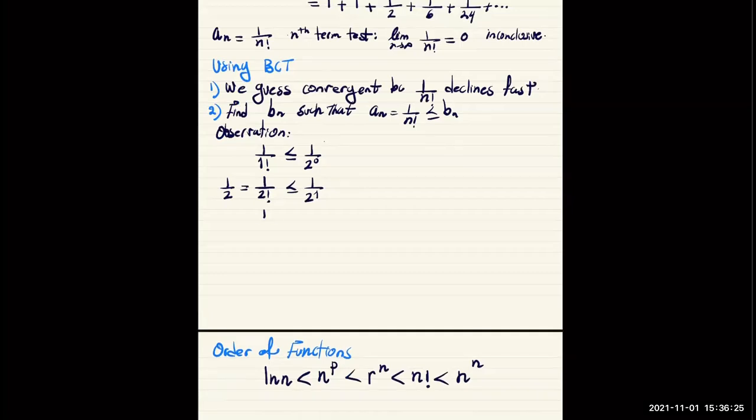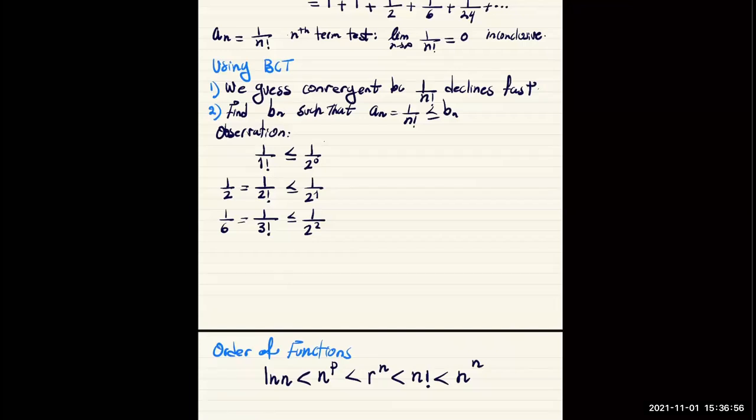Now 1 over 3 factorial is 1/6. 1 over 3 factorial is less than 1/2 to the power of 2. Just think about it. This is 6, this is 4, and 6 is larger than 4. So when you reciprocate, you get this inequality, which is also true.